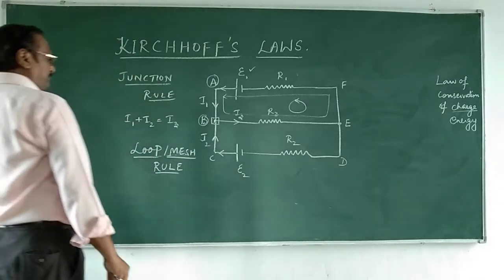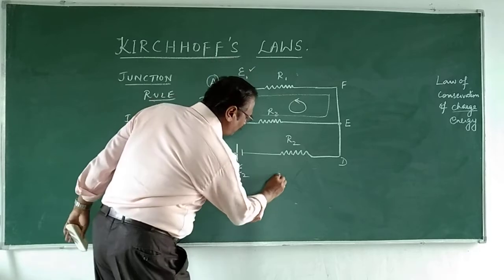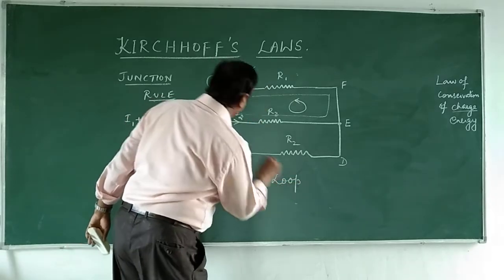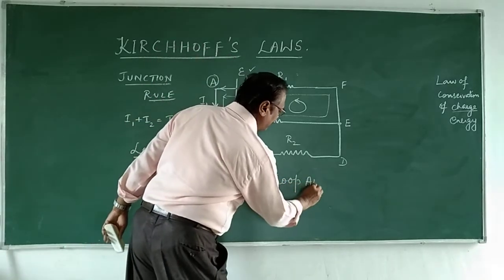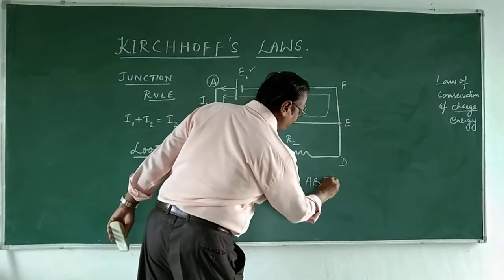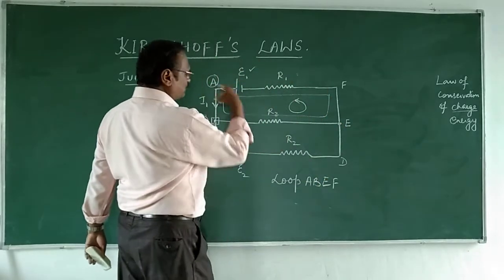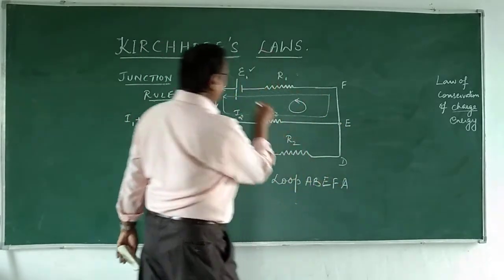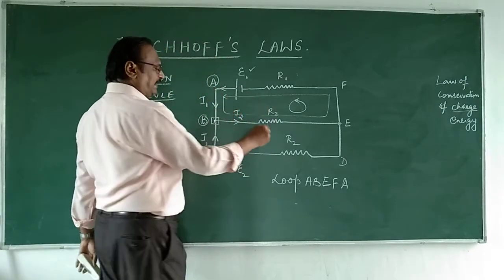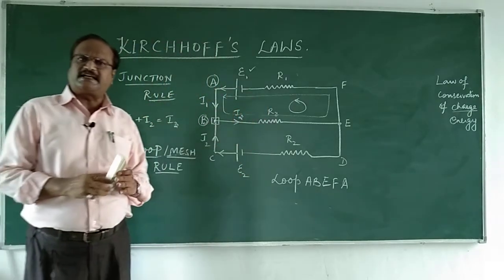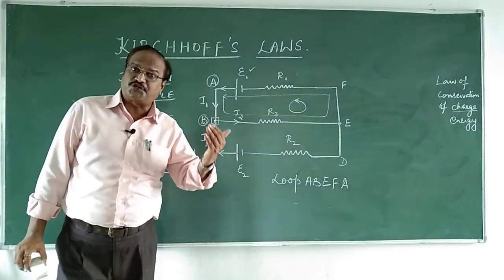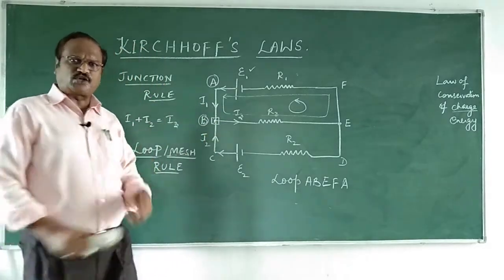So what is going to happen now? This loop, let me take loop A, B, E, F, and it ends at A. I started from the positive terminal, and now we have to calculate the changes in potential. What does Ohm's law say?